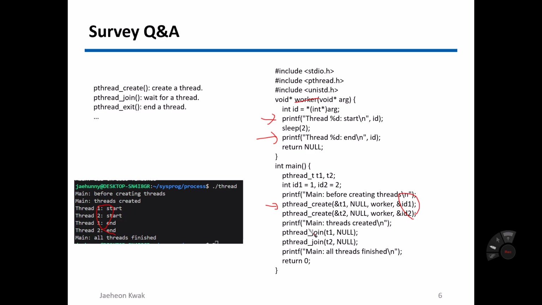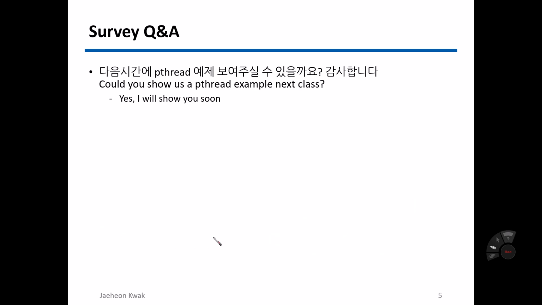After that, the parent process can wait for the threads' termination by using pthread_join, which is similar to the wait function for processes. After waiting for termination, we print our thread finished string. So that is the pthread example.